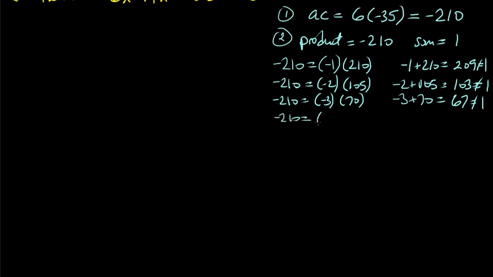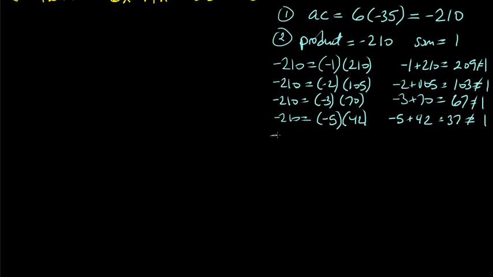Can we divide by negative 4? Nope. Can we divide by negative 5? Yes. And you get 42. So 42 minus 5 is not 1. What is it, 37? Yeah, 37 does not equal 1.